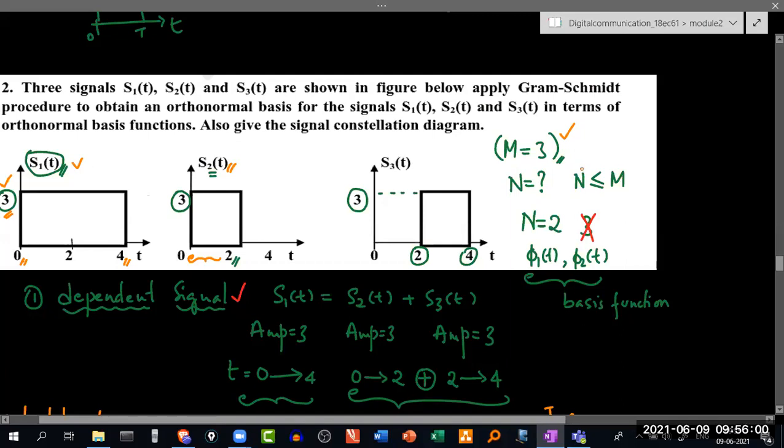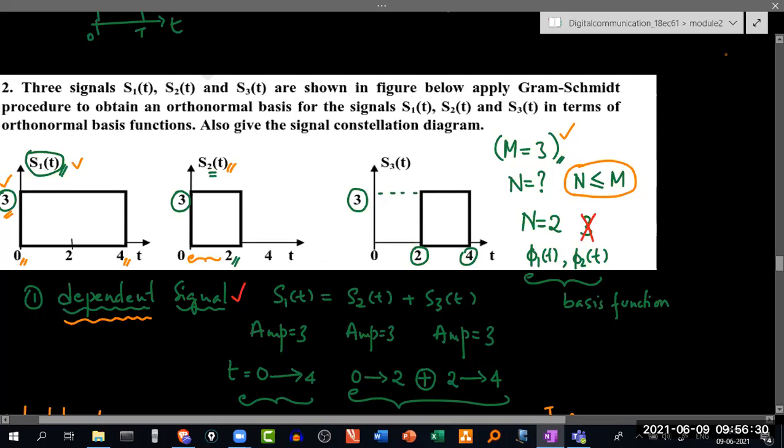And we all know that the dimensionality value n should always be lesser than or equal to m. Finally, it can be equal to m. But usually, if these signals are dependent, instead of using m equal to 3, we step down to n equal to 2.